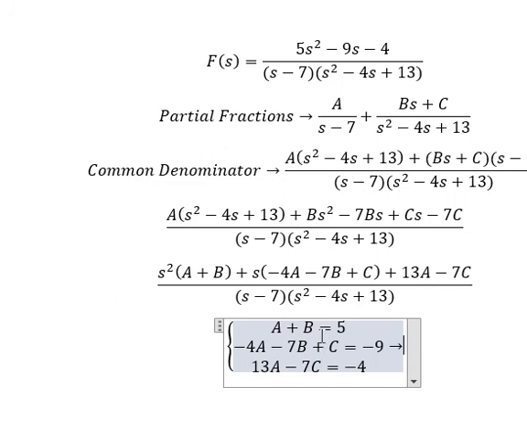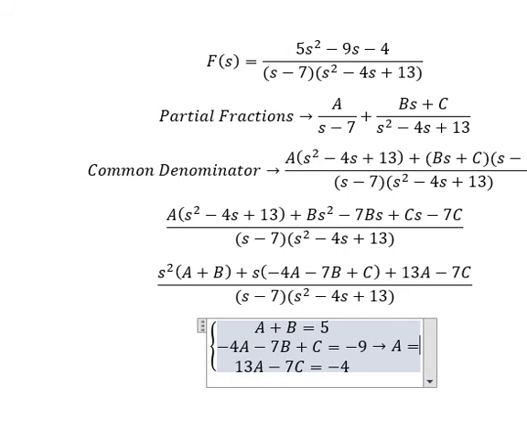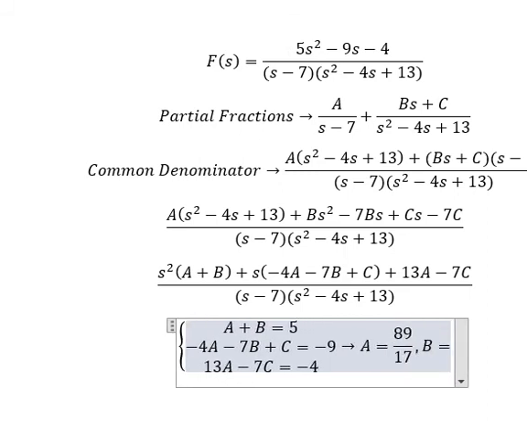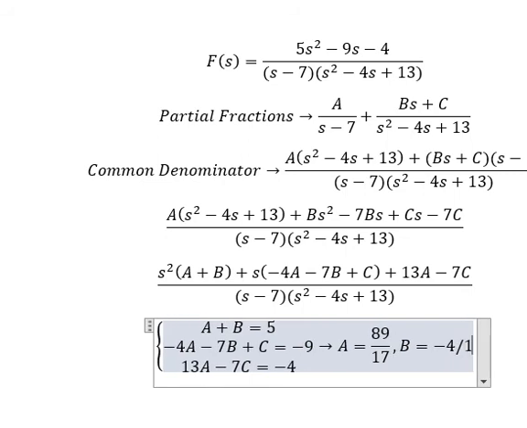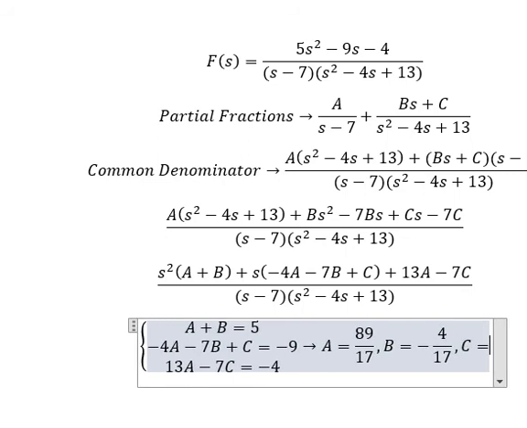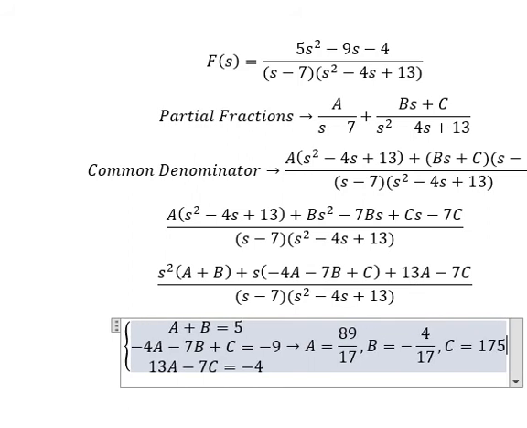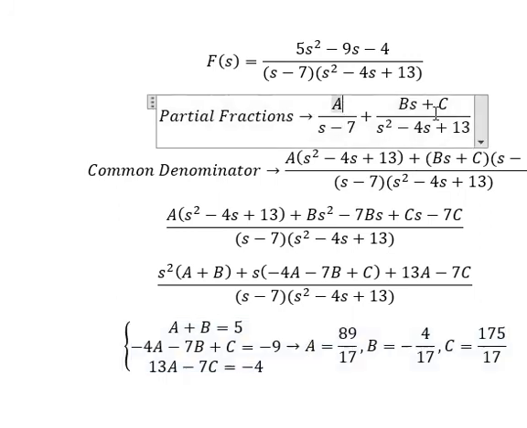And now we need to find the solutions of A, B, C. So A equals 89 over 17. B equals negative number 4 over 17. C equals 175 over 17. And now we put A, B, C in here.